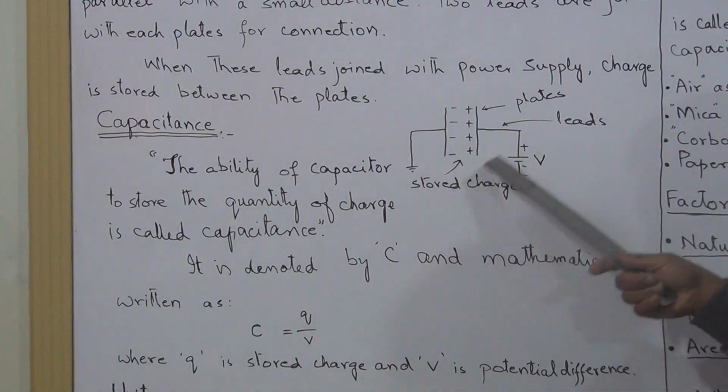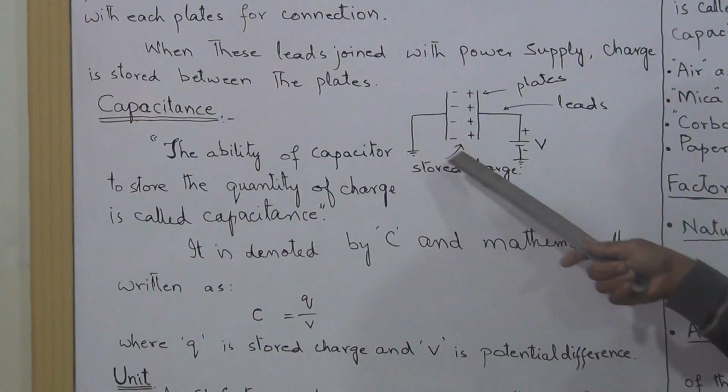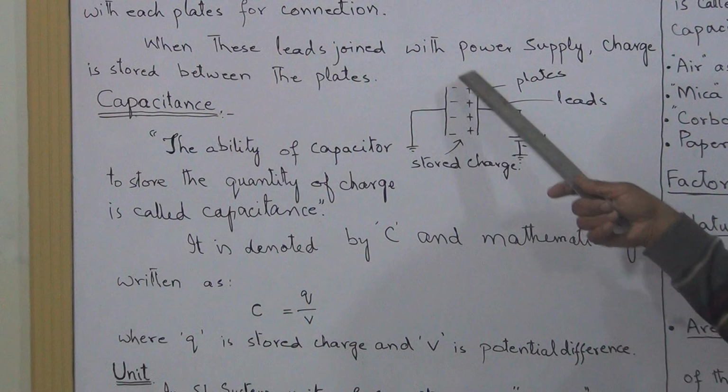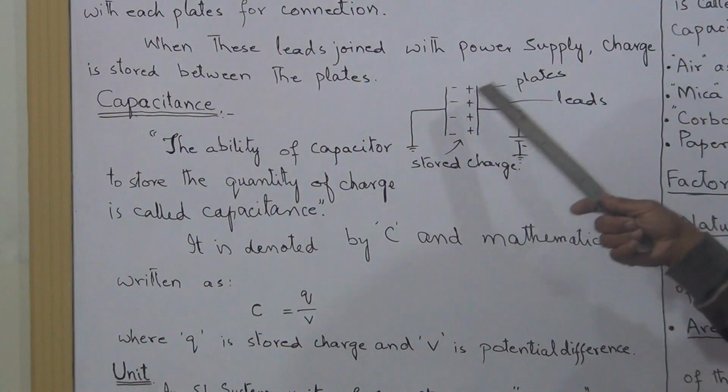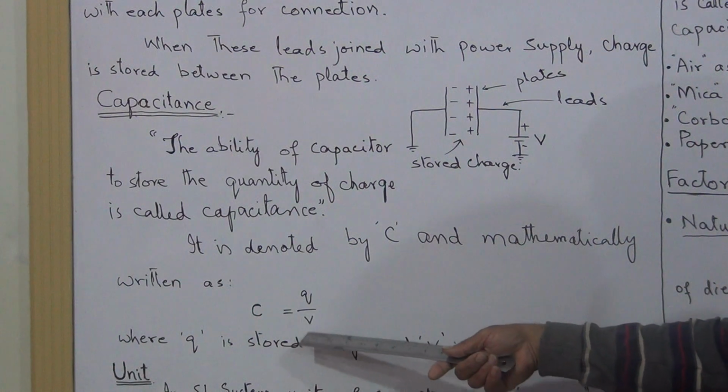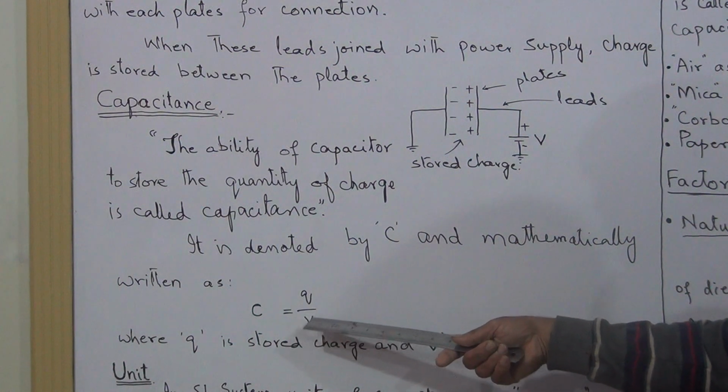Charge is stored in between these two plates, and in between these two plates there is an insulator in which charge is stored. So Q is charge and V is potential difference.